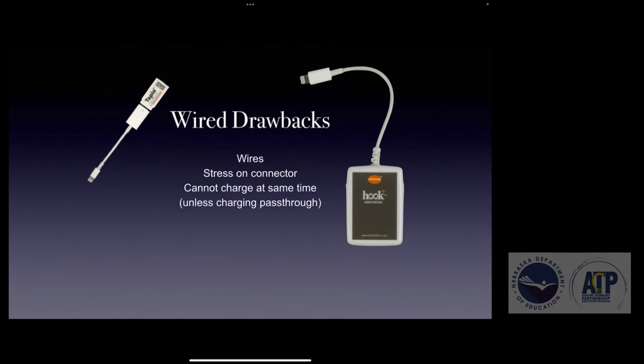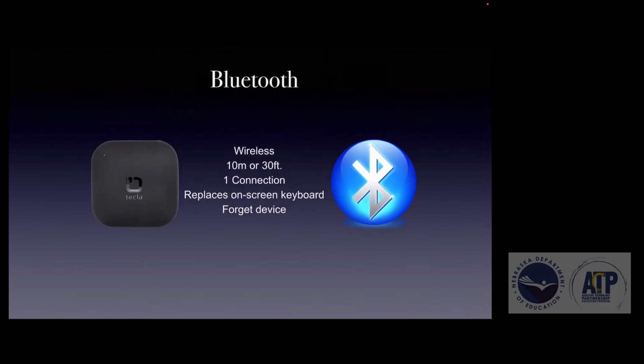The drawbacks are that you have wires going into your iPad, but also external wires typically for the switches you're going to use. Most of the time you cannot charge at the same time like with the Tapio, but with the hook there's actually a spot that will allow you to plug in a charger. But not all wired switch interfaces will allow you to charge at the same time that you're using that switch interface.